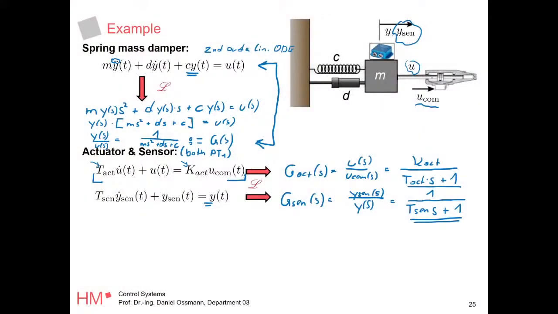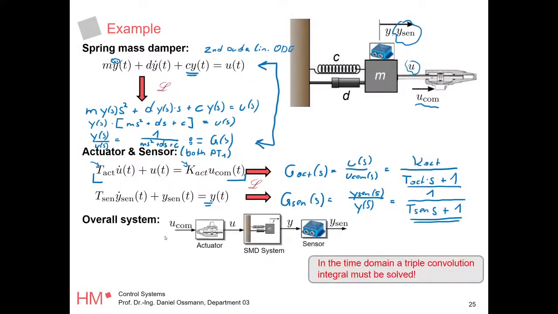So instead of solving all these 3 ODEs, we're simply going to do this in the Laplace domain. So the idea here, and now I'm coming back to block diagrams, is that what goes in is our commanded voltage, and what we get out is our sensor. If you would take these 3 ODEs here, it's going to be pretty messy to get this relation.